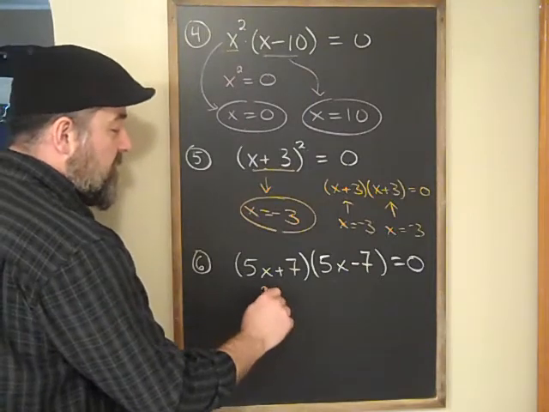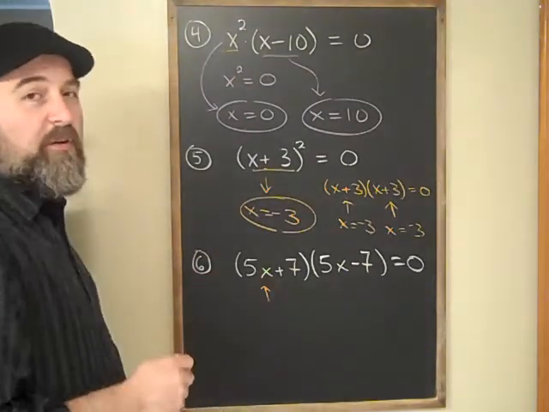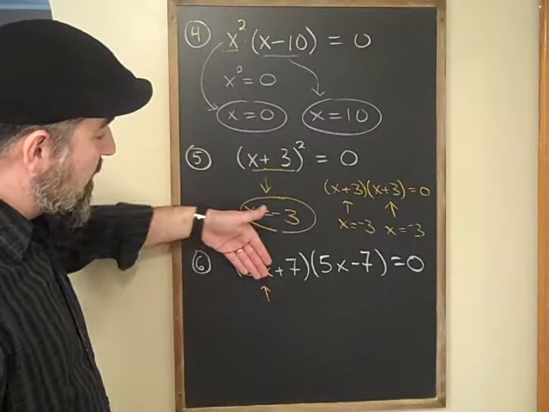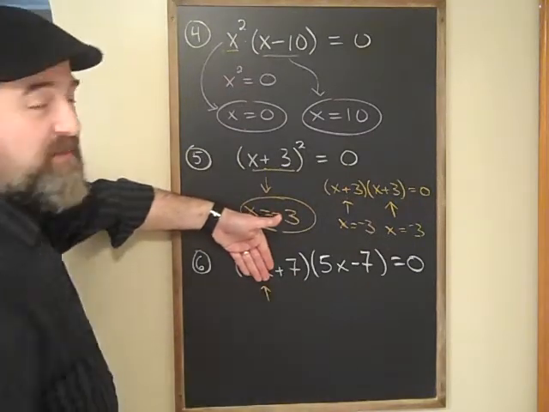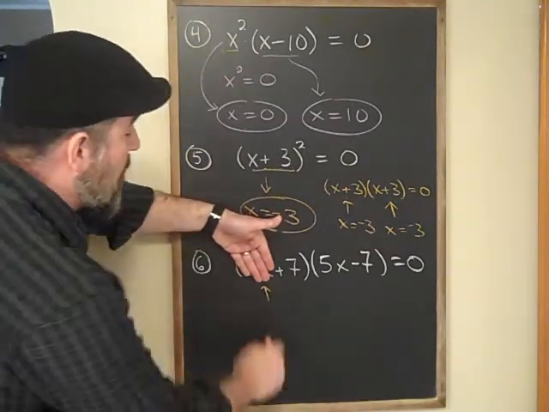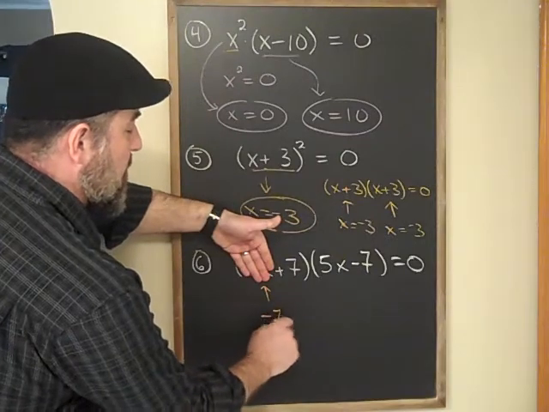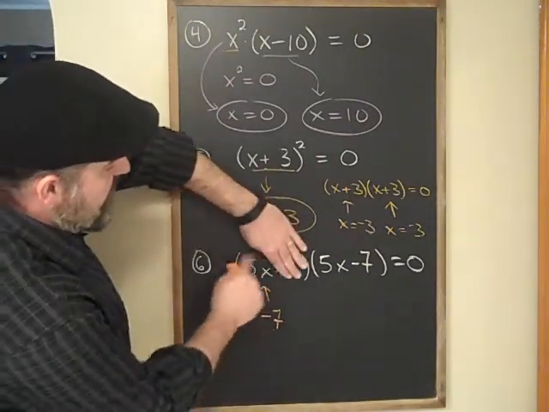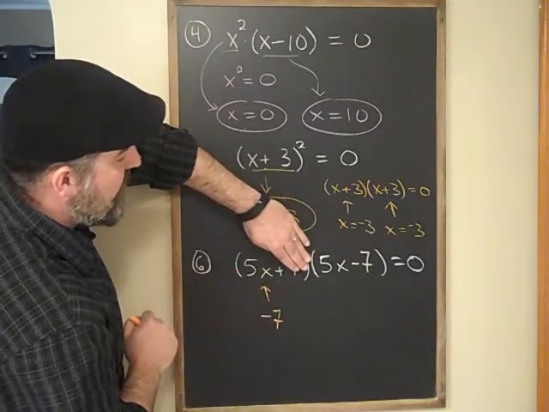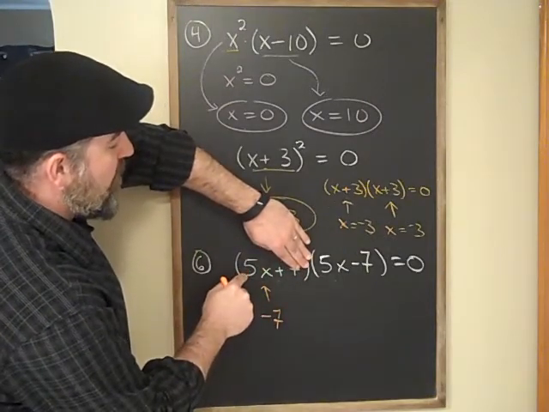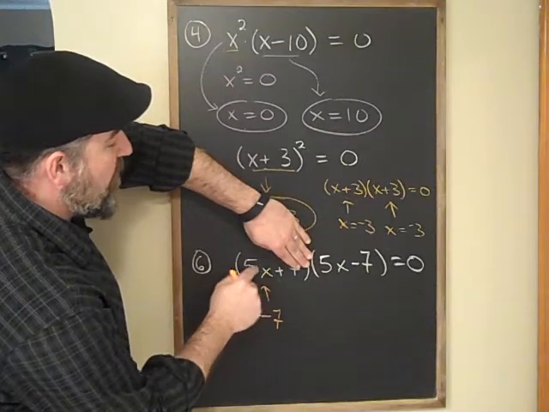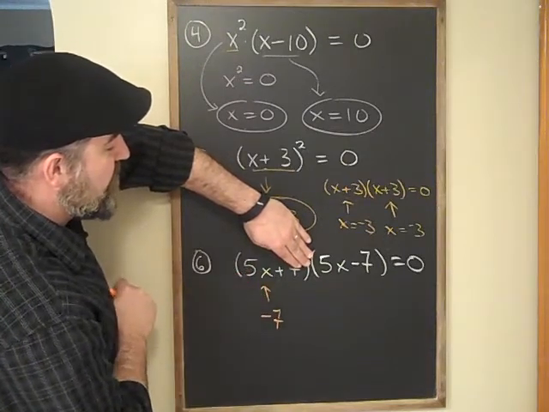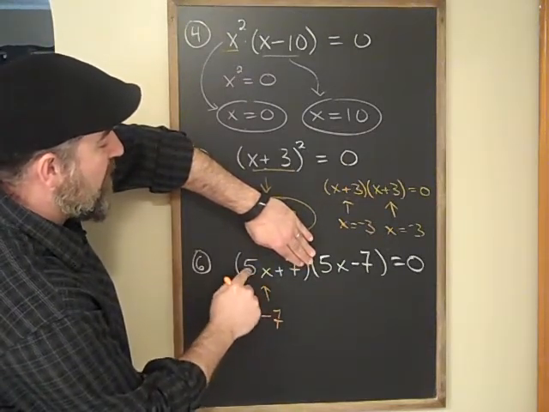What makes this factor be 0? Well, let me show you how I solve these the fast way. In my mind, I ask myself, what plus 7 is 0? And I know what I add to 7 to get 0 is negative 7. Now, this 5x is negative 7. I need to know, what do I multiply by 5 to get negative 7? Well, I don't want to end up with a 5.